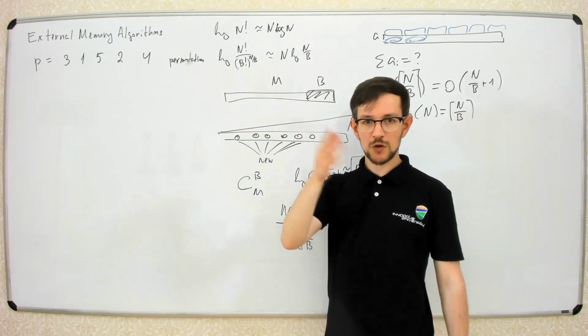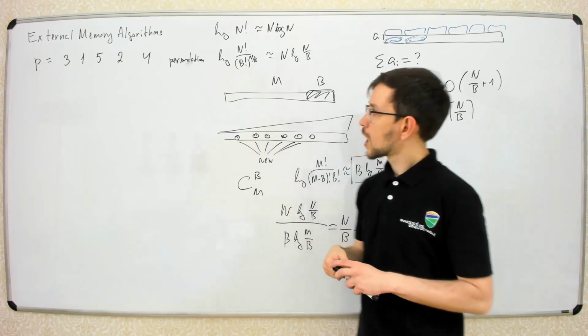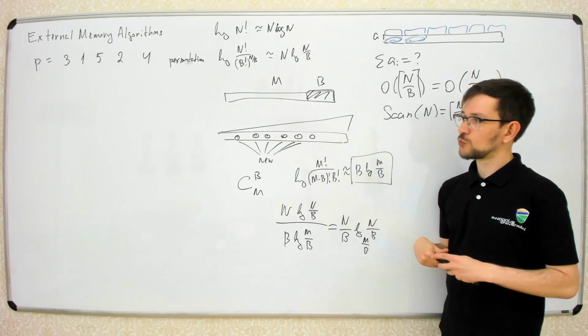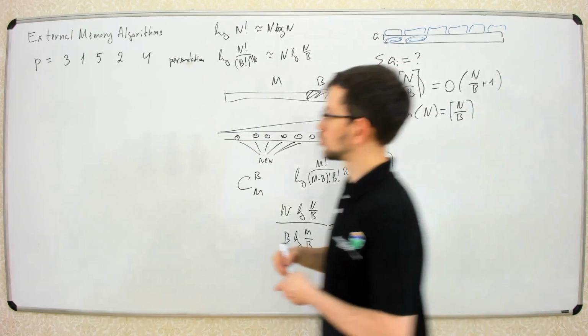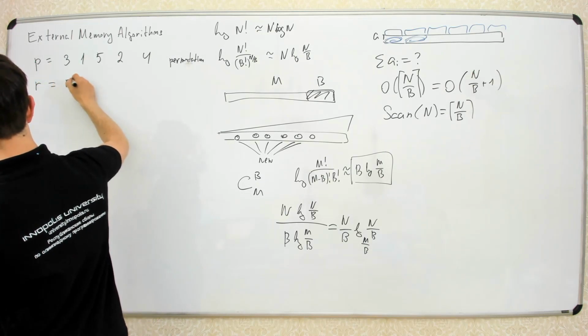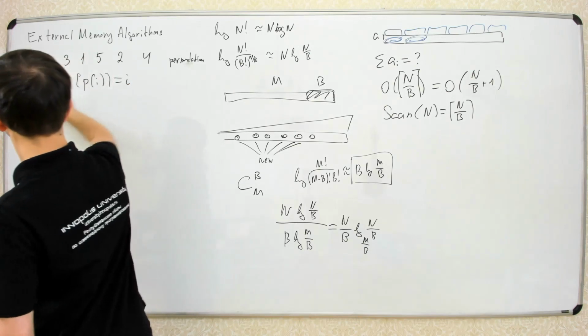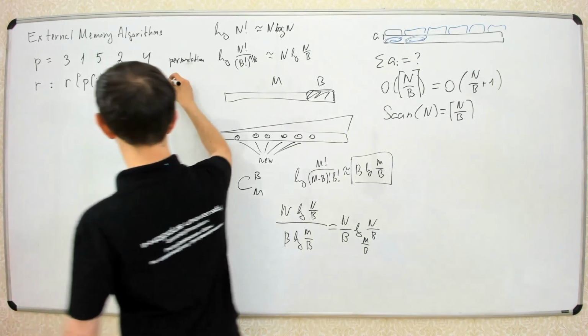Permutation just means that we have each element exactly once. What I want to do is to build the reverse permutation. So I want to build array R such that R of P of I equals I. It's called the reverse permutation.